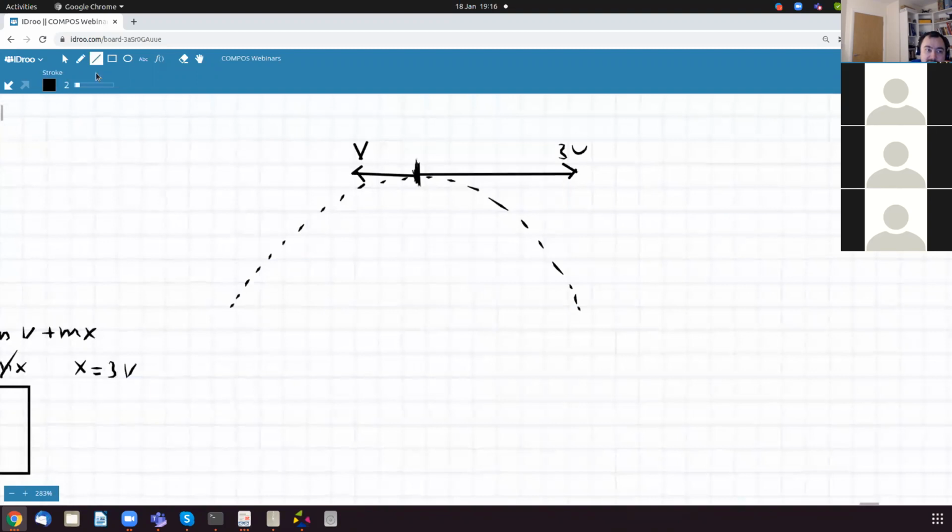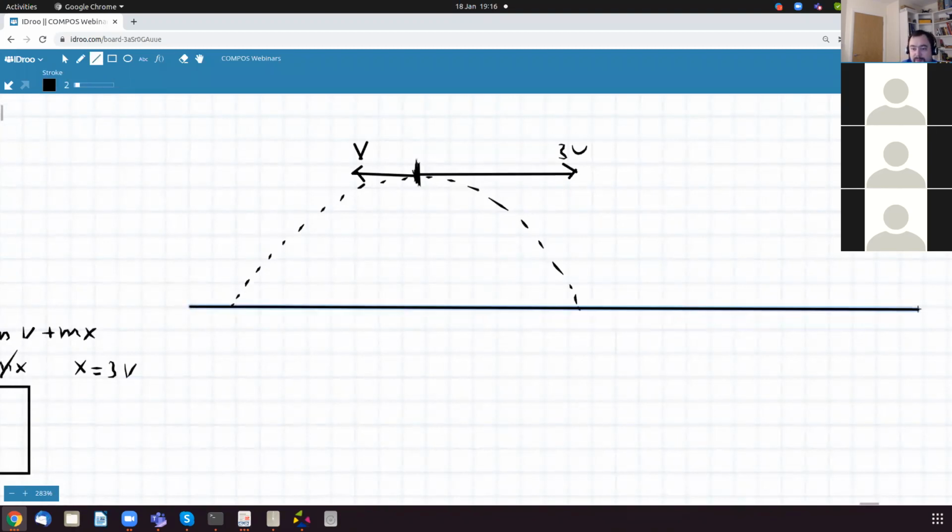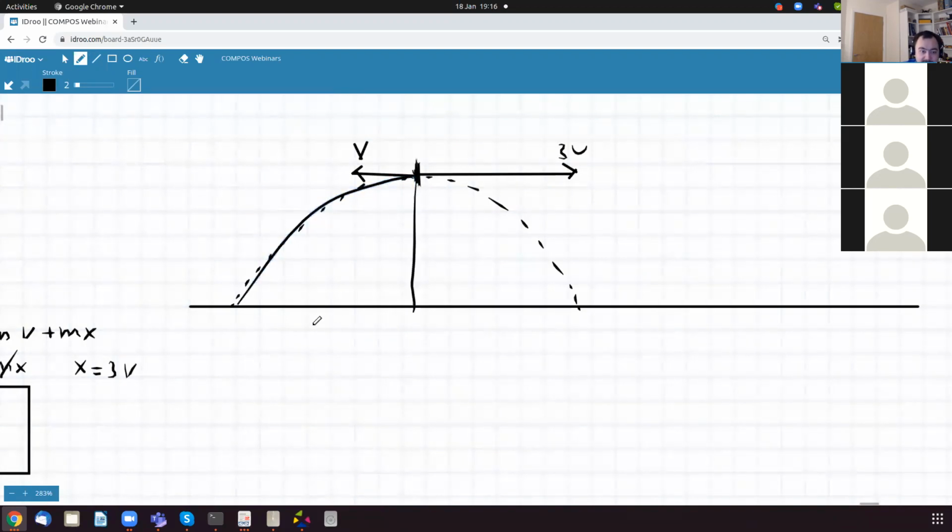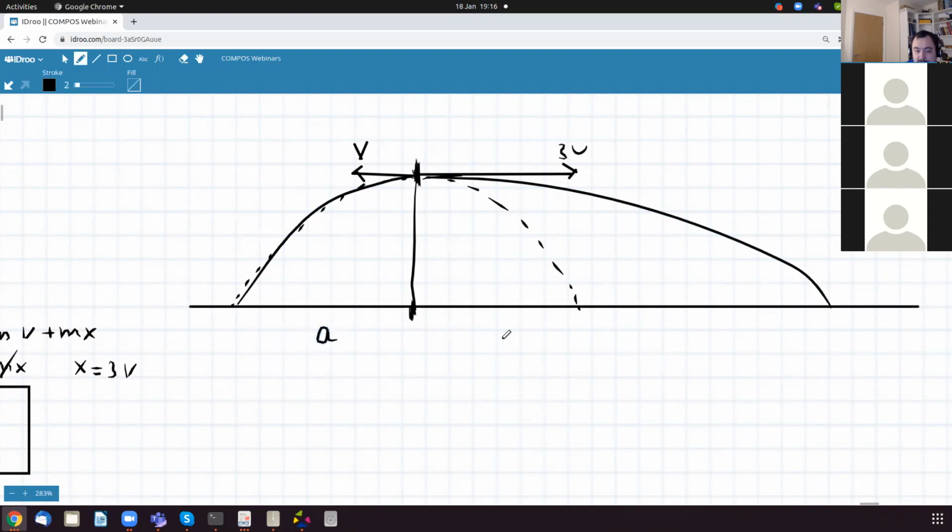Because they travel the same time, as the vertical movement is independent of the horizontal movement, if this travels a distance A, this travels a distance 3A, just because it travels 3 times faster for the same time.